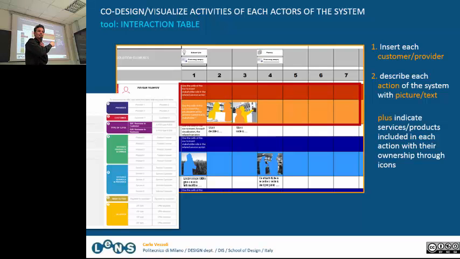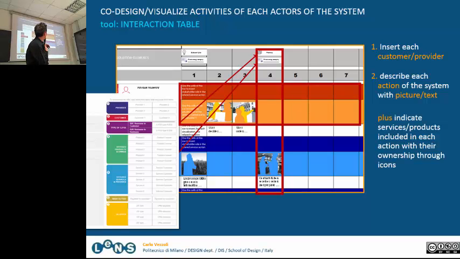I don't trust that this other actor is doing something good for me here, so I need something else. So it helps a strategic conversation, and it is useful for you to organize and design the service, or better, the interaction among the different stakeholders and their actions.